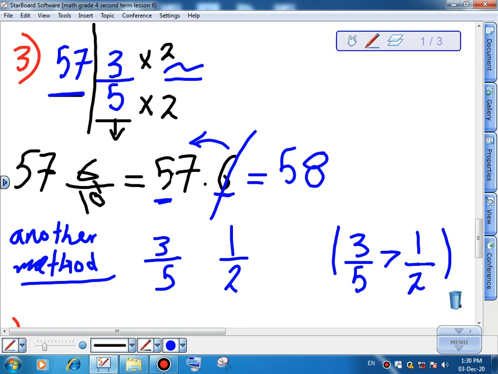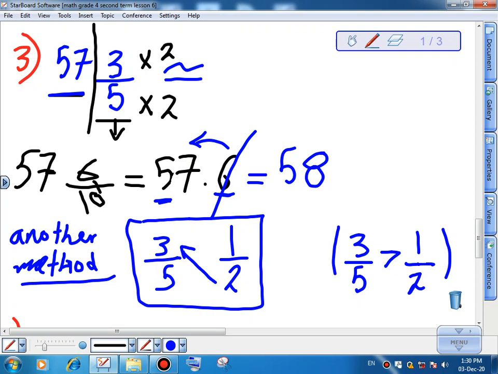But if the 3/5 is greater than or equal to the half, it will be a strong number. Just add 1 to the units. It will be 58. So remember how to compare between two fractions. Remember, yes, like this: 5 times 1 equals 5.